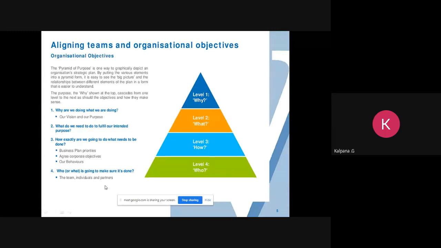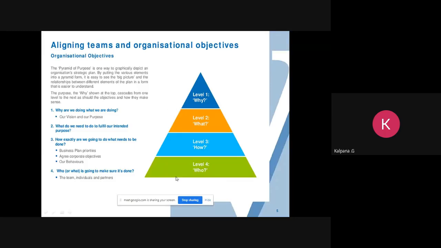So these are the different levels, or the different categories of questions. All these questions are applicable at all levels, but here why is correlated with the top level, what and how are correlated with the top level and the middle level manager, and who is correlated with the low level manager.